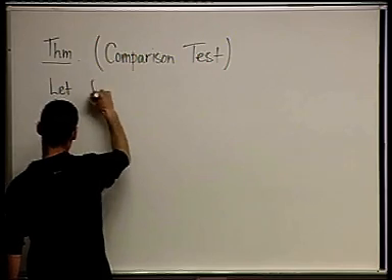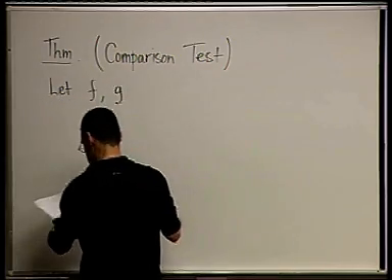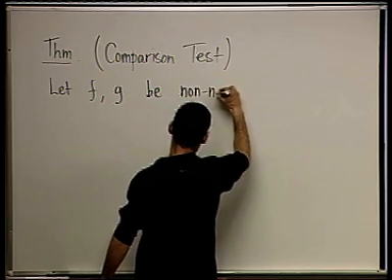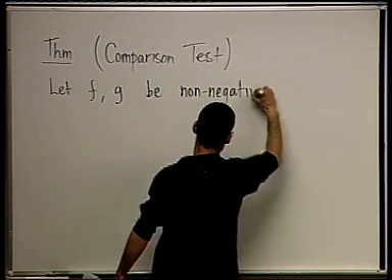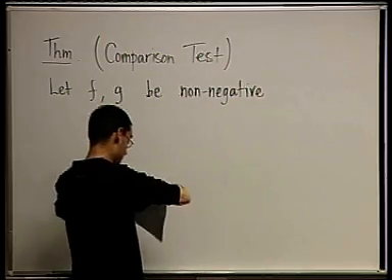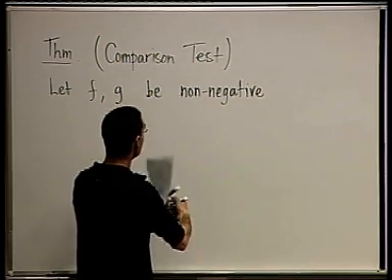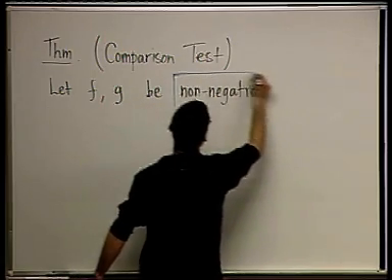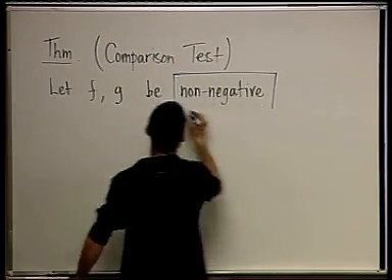Let f and g, two functions, be non-negative. This is crucial. I'm going to emphasize this because there are several places in the course where mistakes are very, very common.